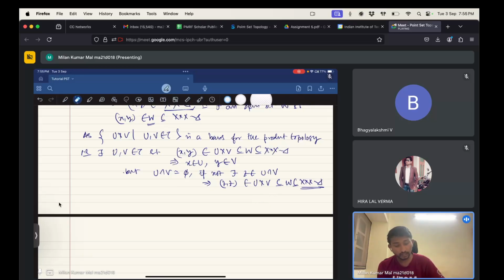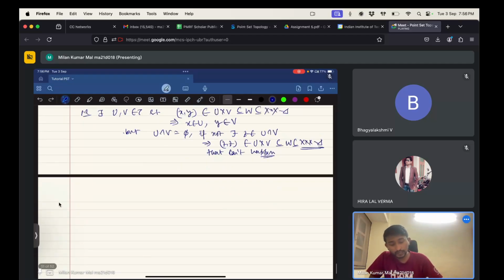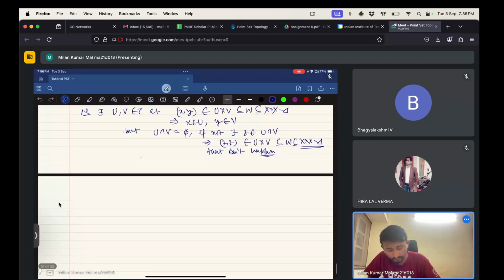So (z, z) can't happen, because delta is all those type of elements and I am removing delta, that means I am removing elements like (z, z), (x, x), (y, y). So that is a contradiction.